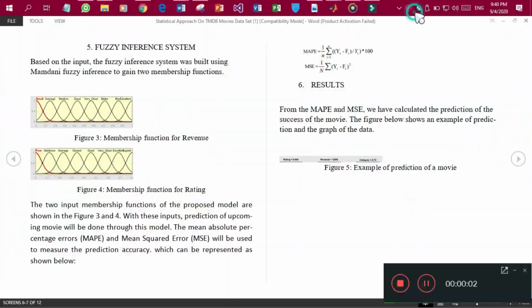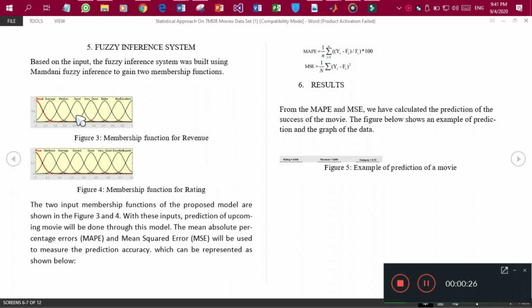Hi guys, my name is Aini Sophia. Today I want to explain the fuzzy inference system that we use to build the membership functions. From here you can see that there are 2 membership functions, one for revenue and one for rating.